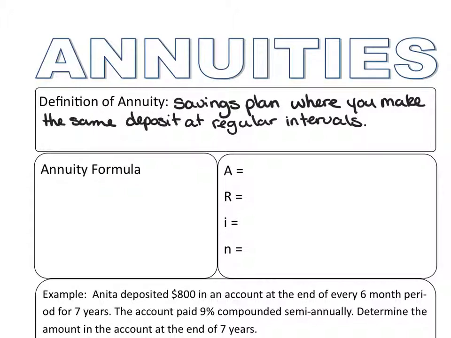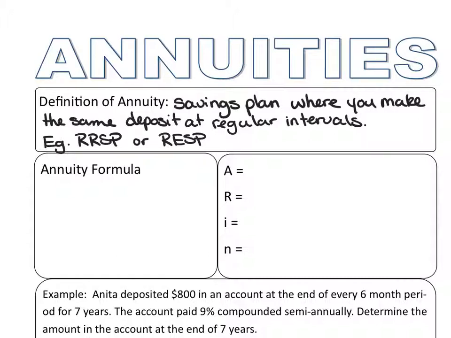So, for example, you might have an RRSP, which is a registered retirement savings plan, so you're saving for your retirement, or an RESP, which is a registered educational savings plan that people will set up for their children, and save a little bit of money every month or every few months over a long period of time.